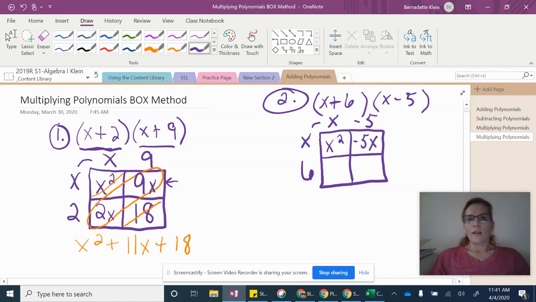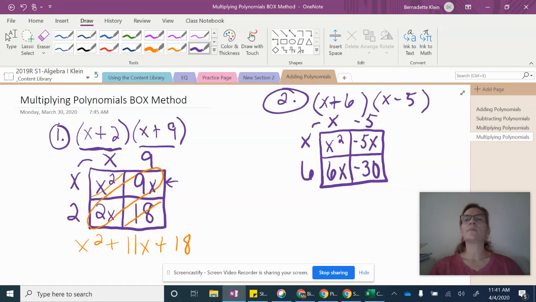X and 6 multiplied together will give me 6x. And to make this far box is 5 and 6. A 6 multiplied by a -5 is a -30. I've multiplied everything on the outside to get all of my answers on the inside again.